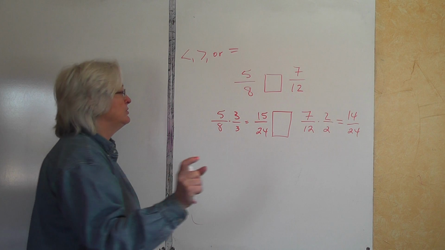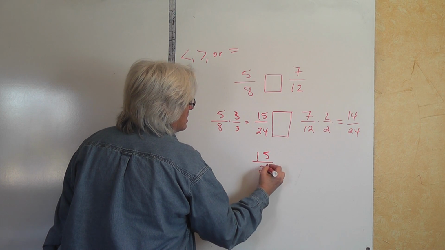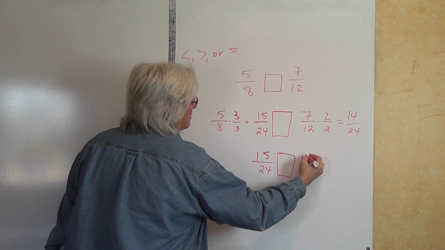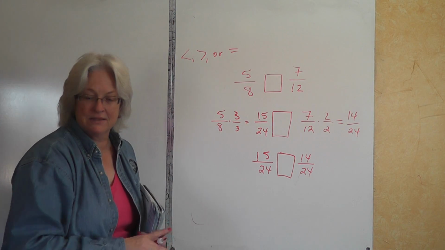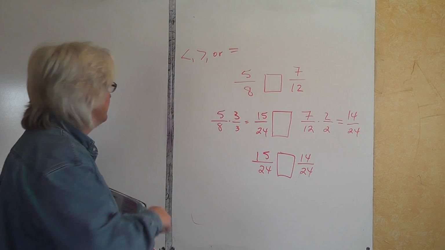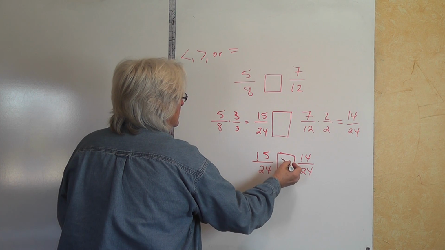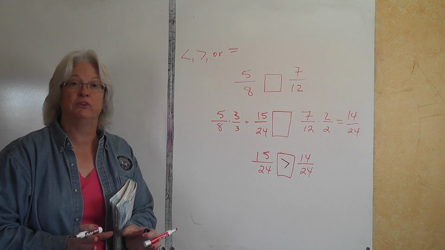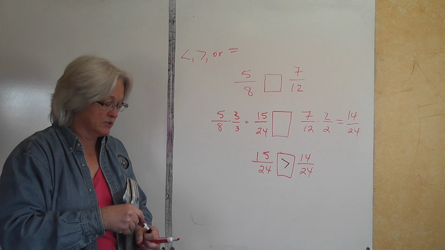Now I have two numbers with the same denominator, and now I can very clearly tell the correct answer to this problem, and we can say that 15/24ths is greater than 14/24. And that's what you have to be able to do to compare between two fractions.